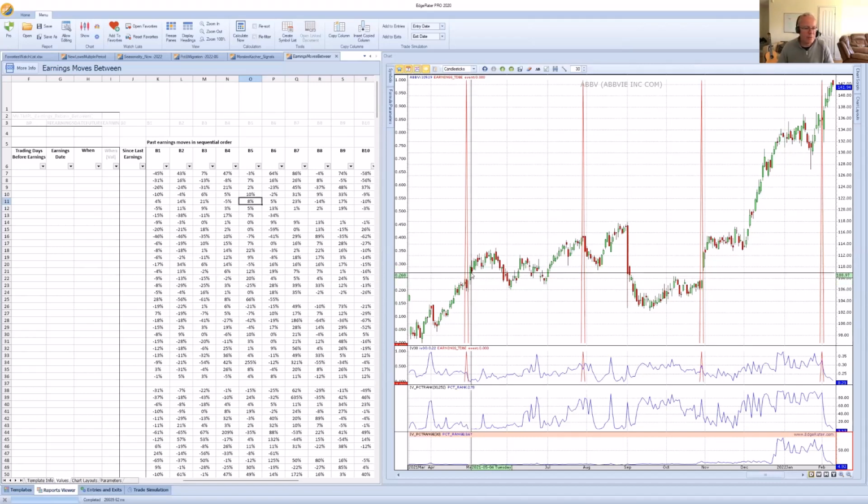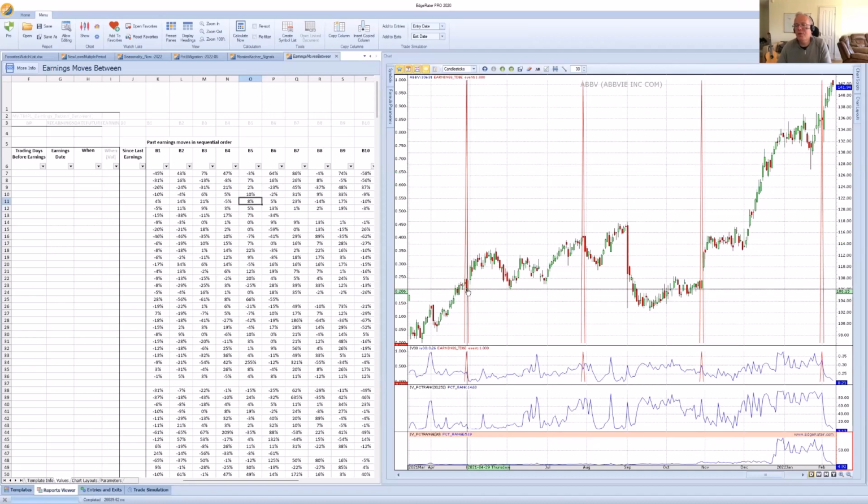Now, of course, sometimes you have earnings the day before, after the market close, AMC, or sometimes before the market opens. So the idea with trading days before earnings is that it shows you the last opportunity to trade prior to earnings. It's not always the date of earnings. This bar is the trading day prior to earnings.